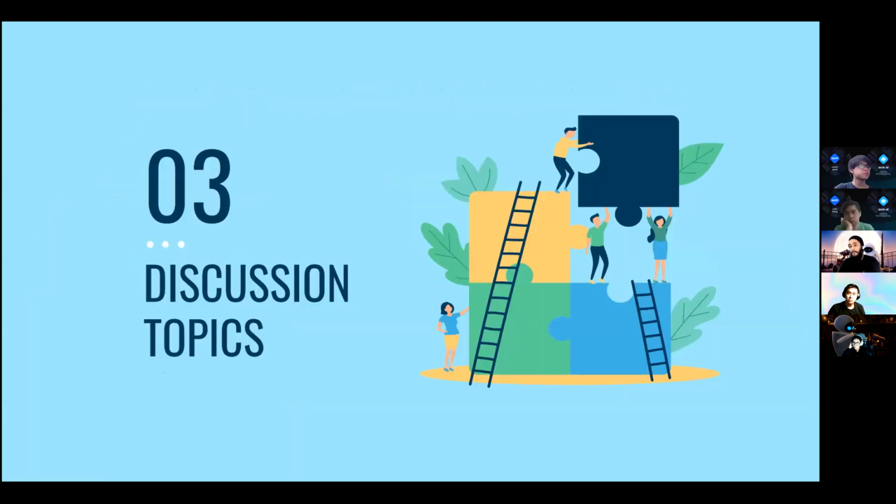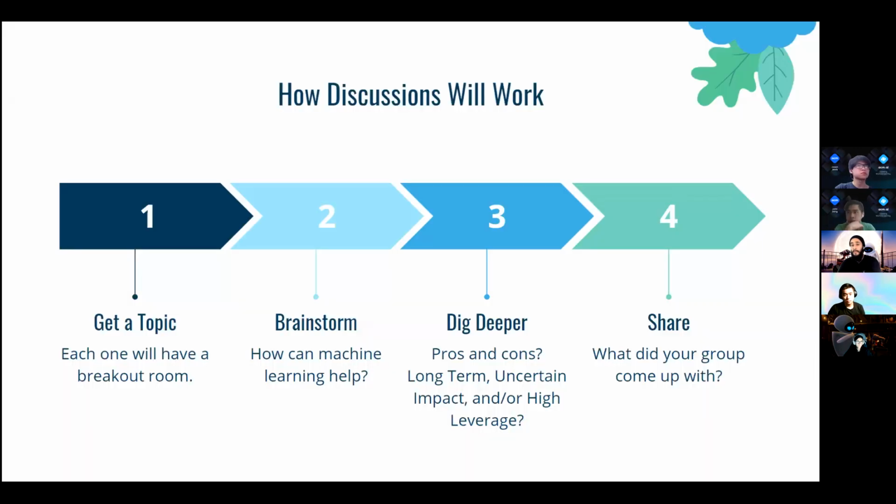So now we're going to go over our three main discussion topics. The way it's going to work is that there will be three different topics. We will explain our topics. You will get one topic, and so there are three topics, three breakout rooms. Within your breakout room, you will be brainstorming on how machine learning can help solve issues within your topic.